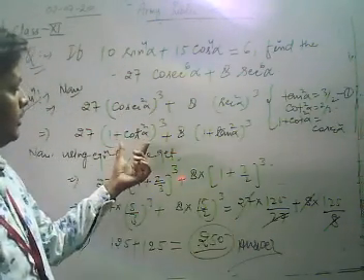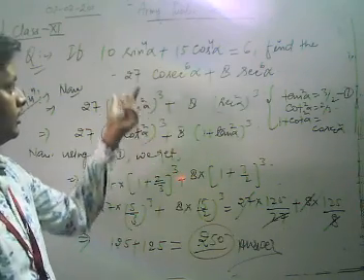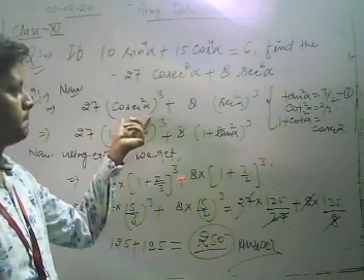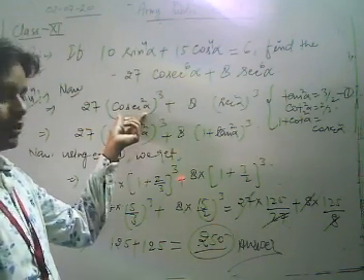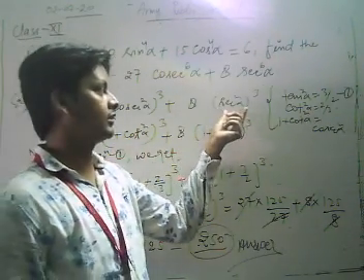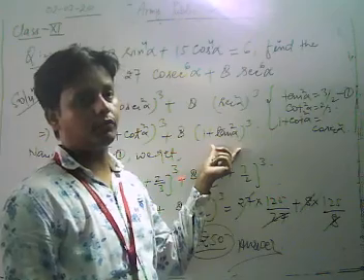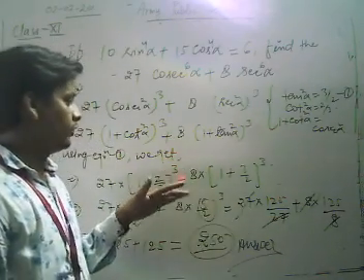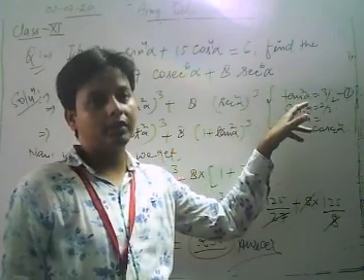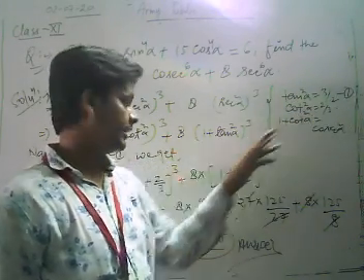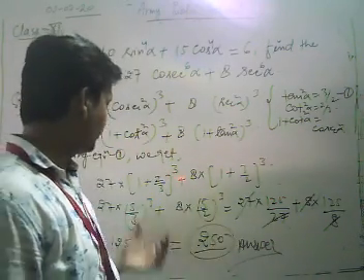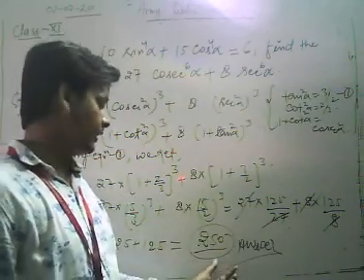Let's see once more. Here we convert cosec to the power 6 alpha in this way, and we convert cosec square alpha in the form of the identity 1 plus cot square alpha, and we convert sec square alpha in the form of 1 plus tan square alpha. Then we use the value of tan square alpha as 3 by 2 and cot square alpha as 2 by 3 in that equation, and after solving it we get the value 250.